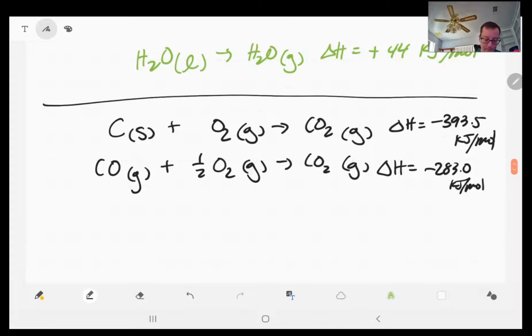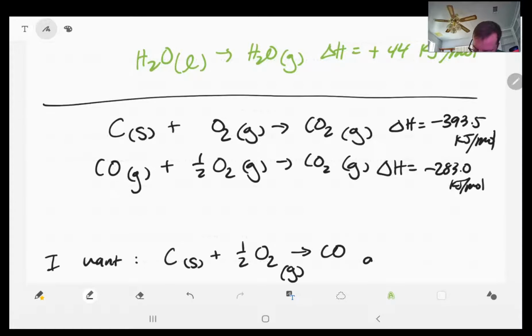Okay. I want to find out what happens to get to carbon monoxide. So this is an interesting idea because sometimes, well, yes, we just use Hess's law for convenience.